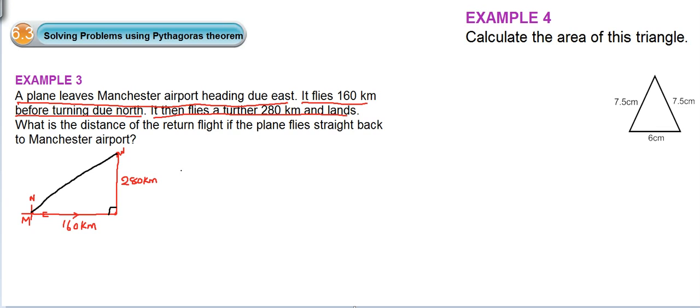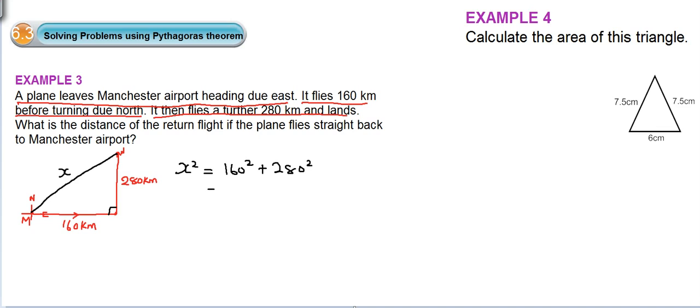Well, from Pythagoras' theorem, we know that we can name this x. So let's call this bit x here. So x squared, which is the distance we're trying to look for, equals 160 kilometers squared plus 280 kilometers squared.